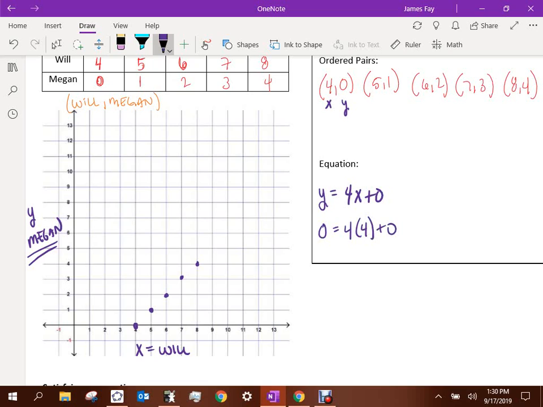Does that end up being a true statement? No. So 4x plus 0 is not it, but try something else. He has 4 more than her. Close.